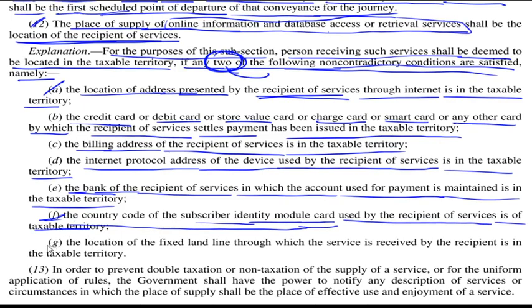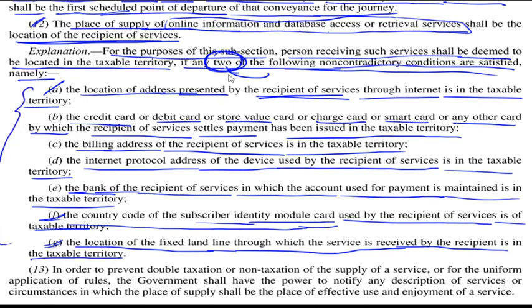Let's see condition G. Location of fixed landline through which the service is received by the recipient is in the taxable territory. So these are the non-contradictory conditions.